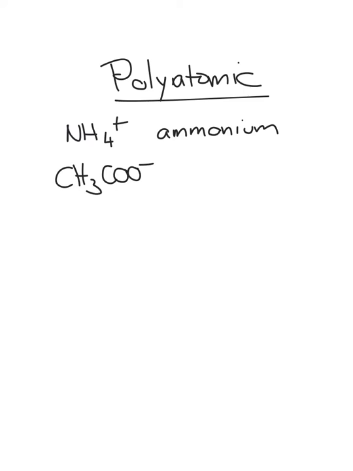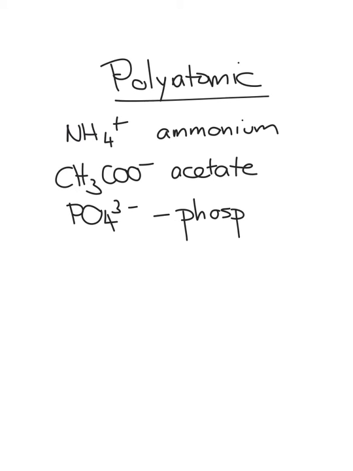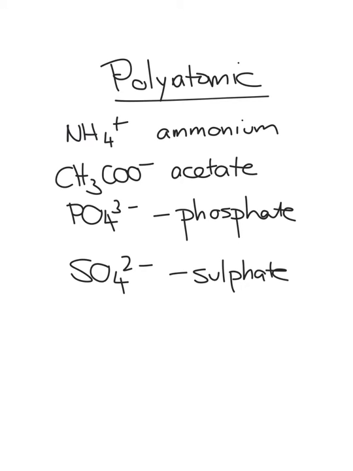There are common ones: NH4+, which is ammonium; acetate, which is CH3COO-; phosphate, PO4 3-; and SO4 2-, which is sulfate, etc. We're not going to go through them all here, but you'll have an activity where we go through them all.